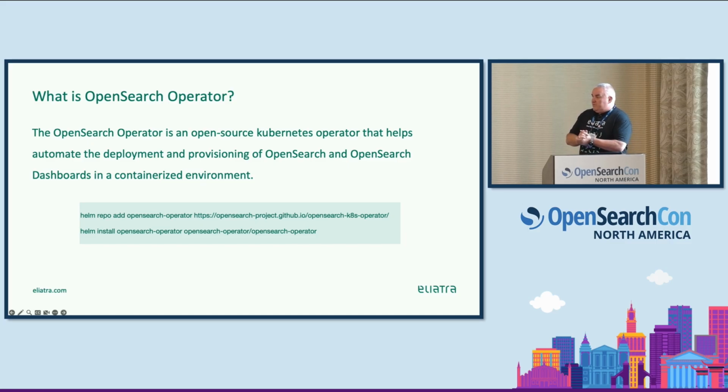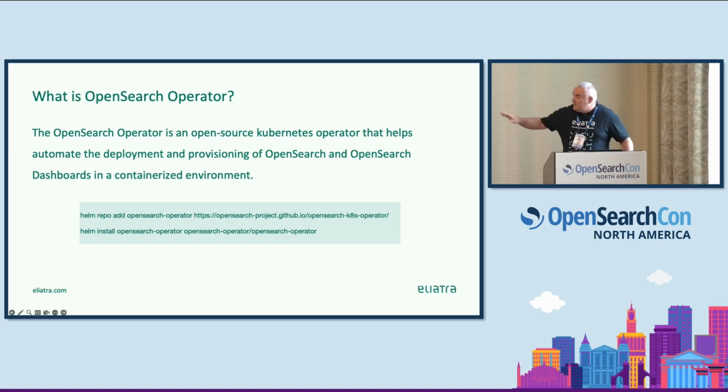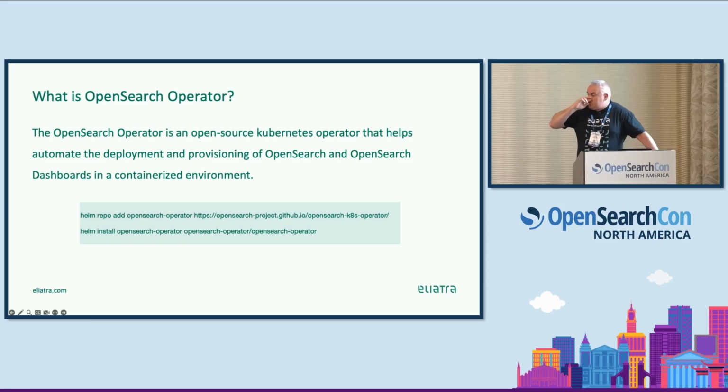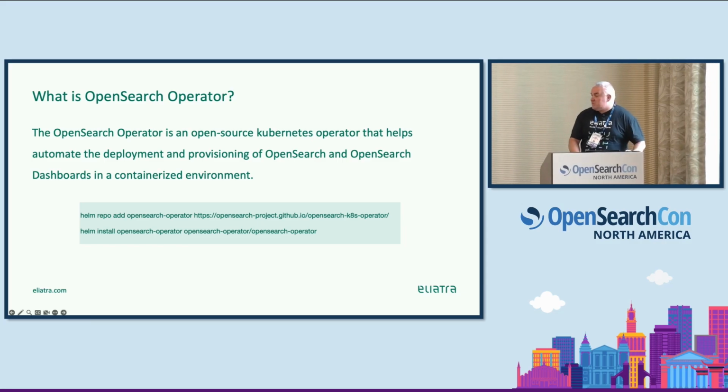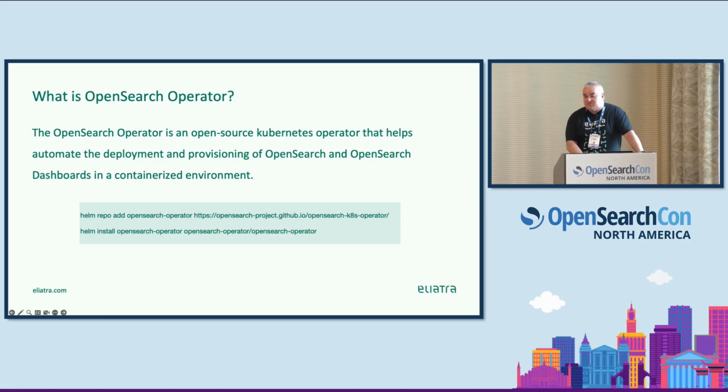Now, the OpenSearch operator comes with a few features. There are commands to install the OpenSearch operator inside the Kubernetes cluster. It is quite simple: just adding the repo and installing the latest or a specific version if you need.